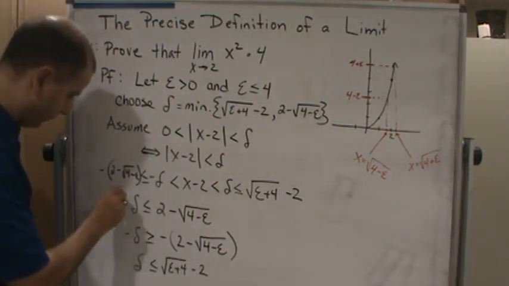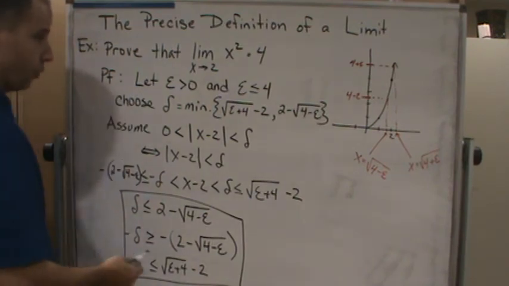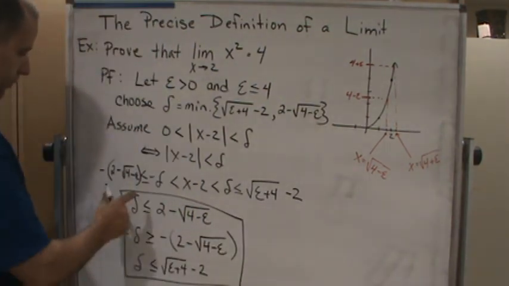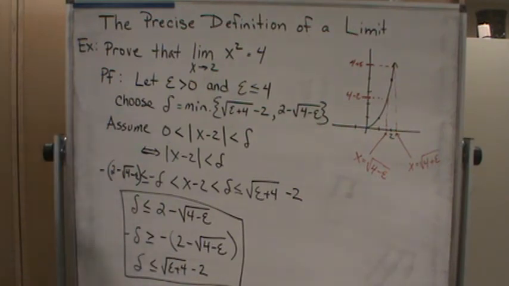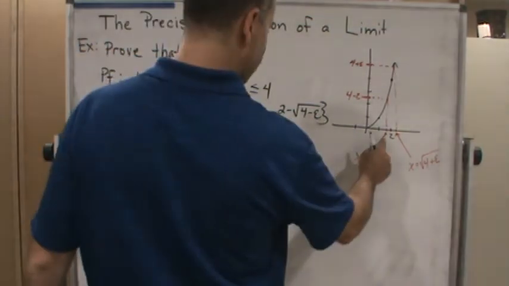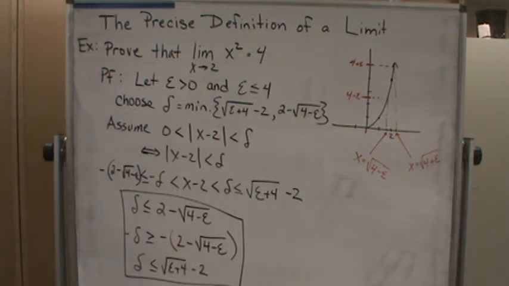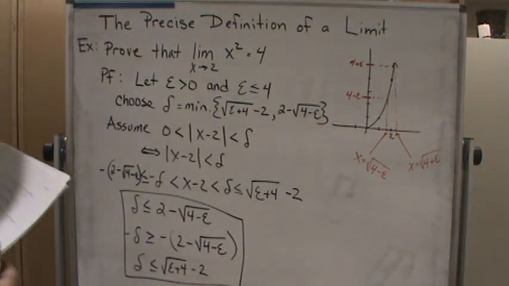Okay, so this here is what we're using to get this side here and this side here. And so this here, okay, right, corresponds to this distance over here. And this here corresponds to the other distance on the other side.